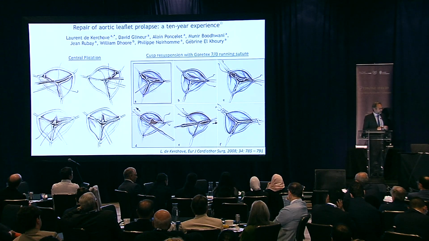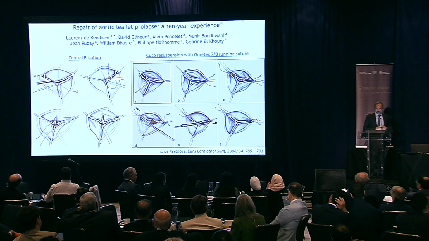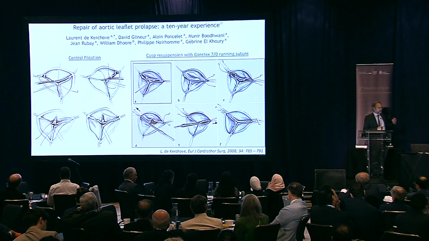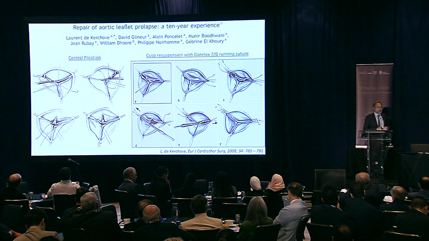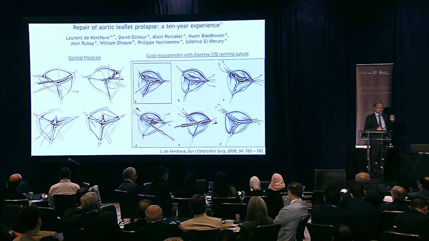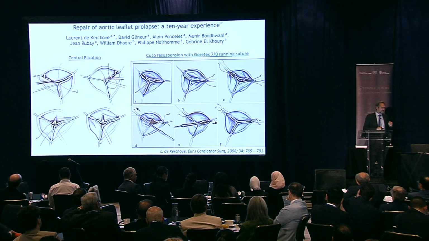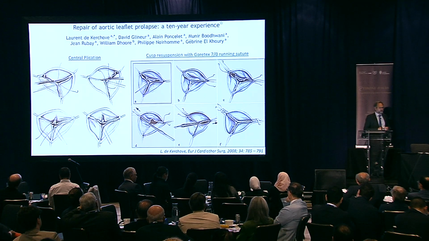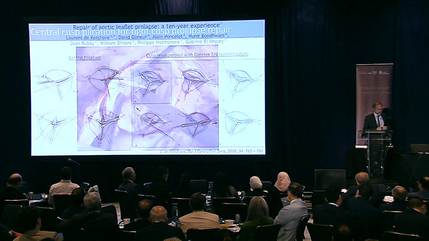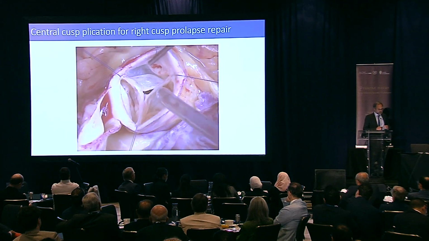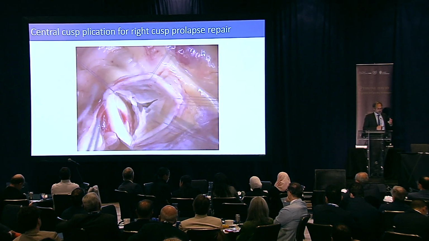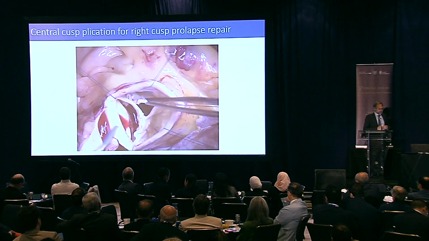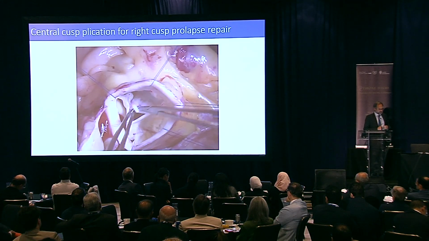Our technique is a bit different from how Tirone David described it, so we go over and over. With time, we have not completely abandoned this technique. We make very strict use of this technique, not anymore on bicuspid valve, but on tricuspid to treat fenestration. I will show you. This is how we do a central plication in a typically right cusp prolapse in a patient with no root dilatation.